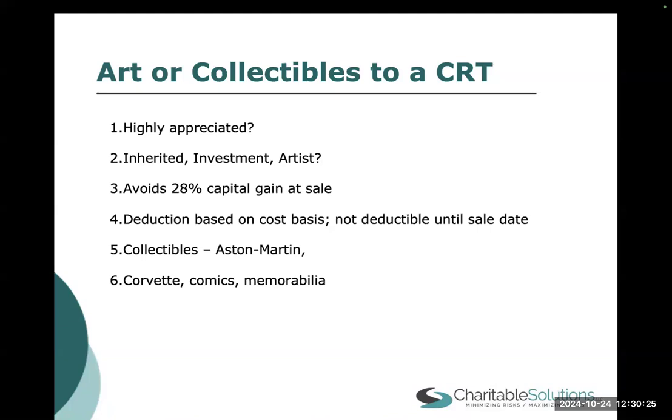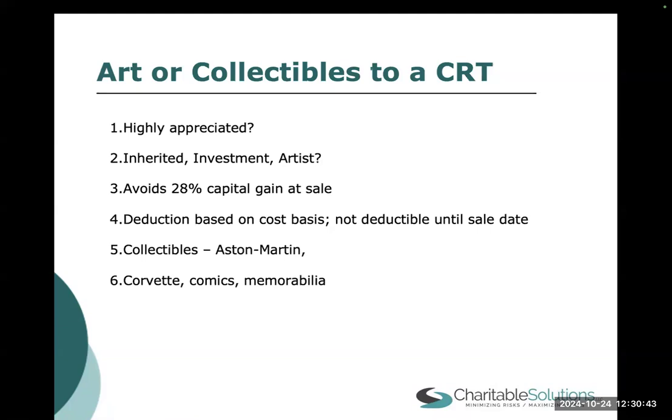But generally speaking, what are the rules around funding CRTs with tangible property? The general rule is that when you fund the CRT, your deduction is going to be the lesser of the cost basis or fair market value. Why is that?